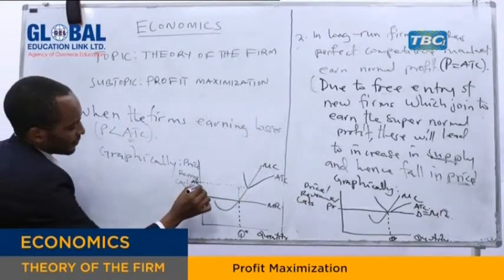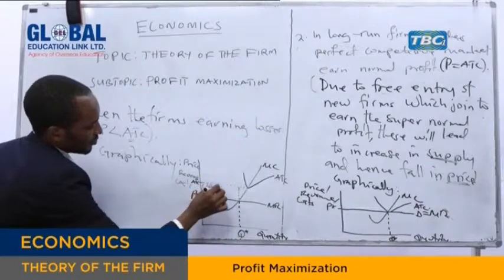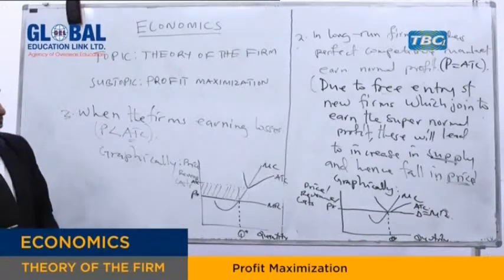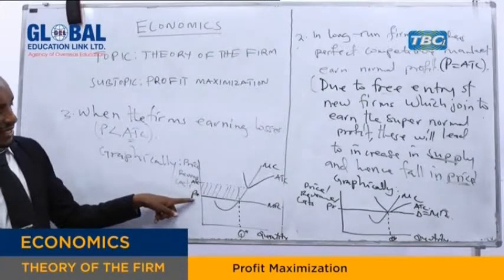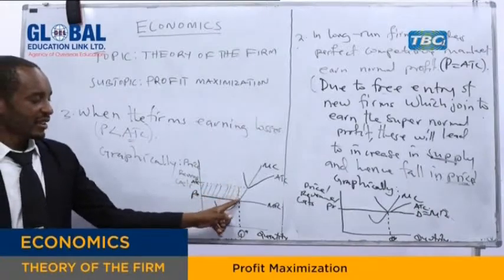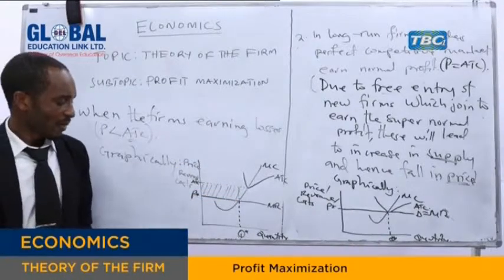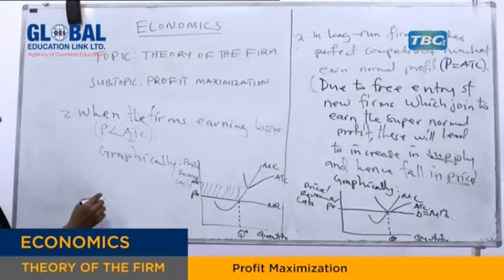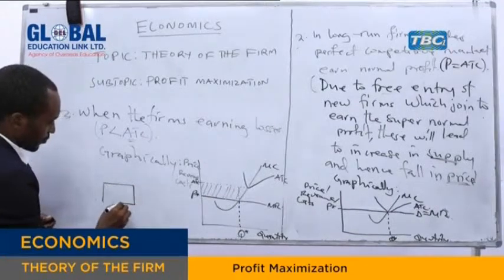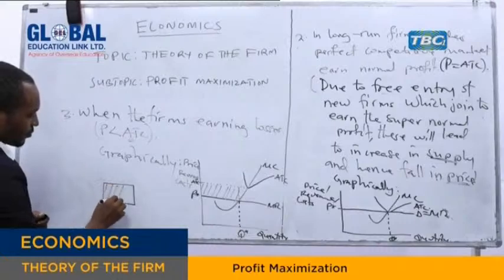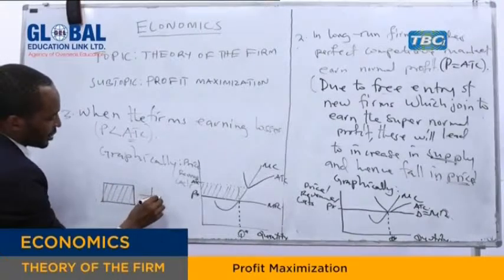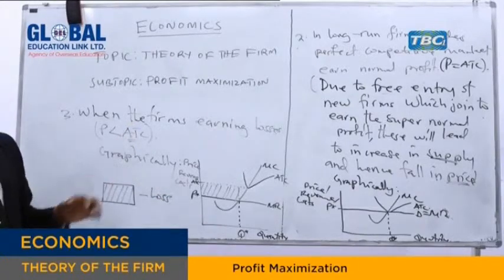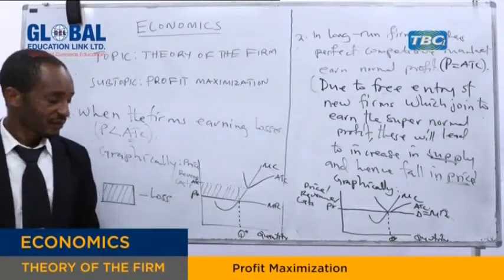This area between the average total cost and the price, the shaded one, is the loss that the firm will incur. This is the loss made by this firm operating under a perfect market.